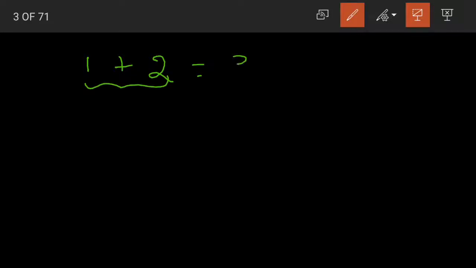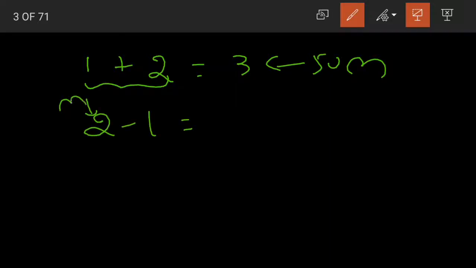Just like in addition, when we have two numbers, 1 plus 2, 1 and 2 are called addends and the answer is called the sum. When we are subtracting, the larger number is called the minuend, the smaller number is called the subtrahend and the answer is called the difference.